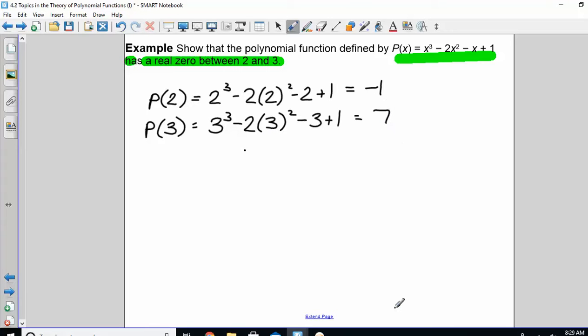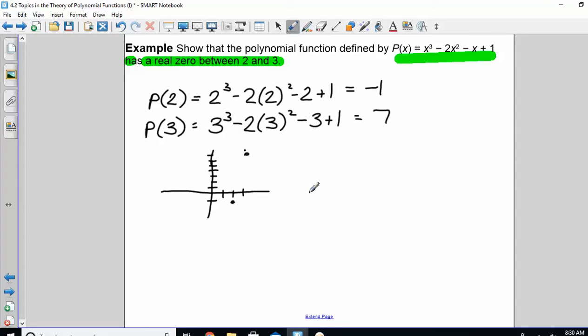I'm sure you guys are checking me, right? Okay. All this says, these are like points on the graph. When you have 2, you get negative 1. When we put in 3, we got out 7. Since it's a polynomial, I know it's just a curve connecting those, so what has to happen between 2 and 3? It has to cross the x-axis.